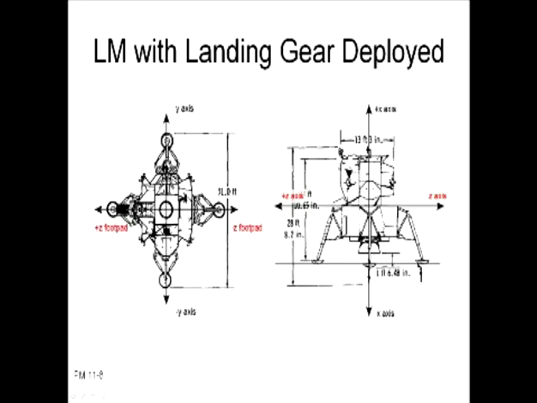I don't have the CG height here, but the Apollo 11 LM, we computed its mass to be about 480 slugs, so multiply that times 6, and that's about 1,800 pounds on the surface.